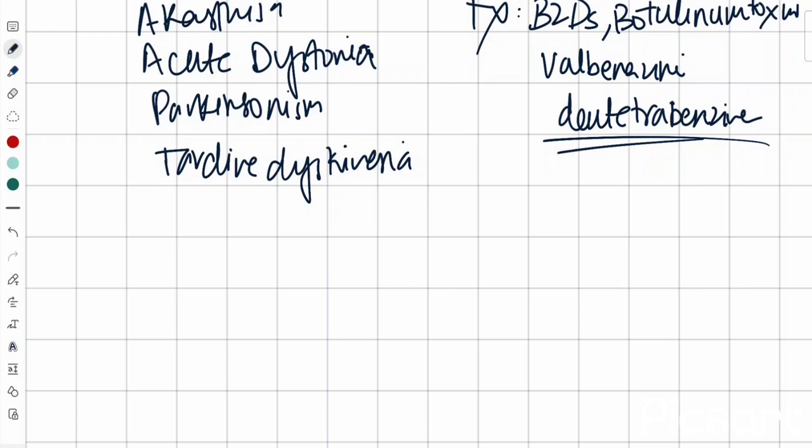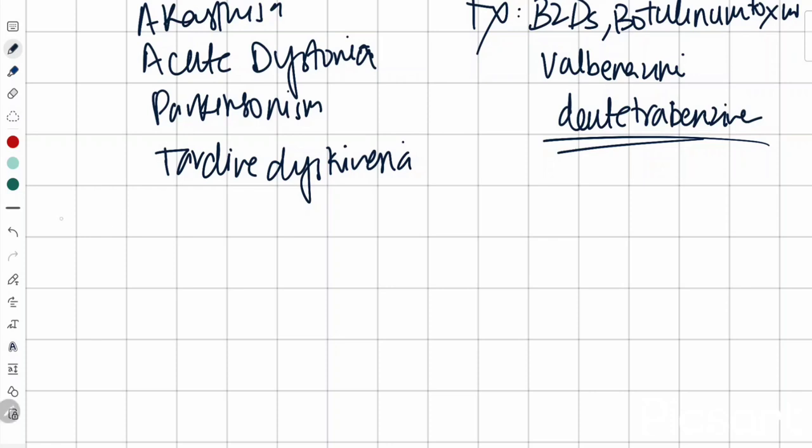And typical antipsychotics, because they are solely made for blocking dopamine, that is why we're going to have more EPS and neuroleptic malignant syndrome with them rather than with atypical.